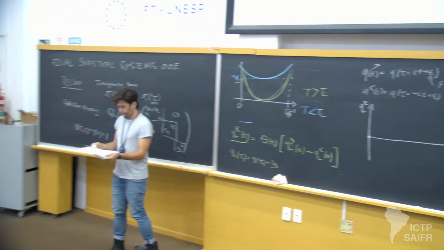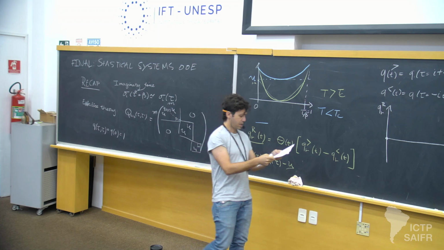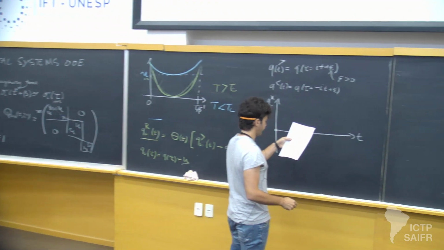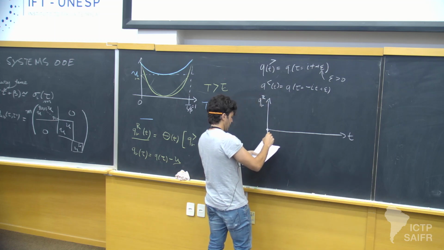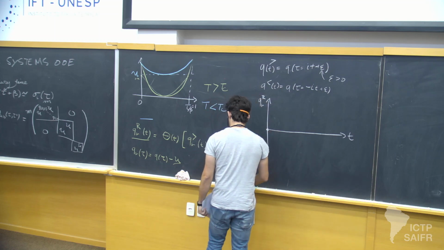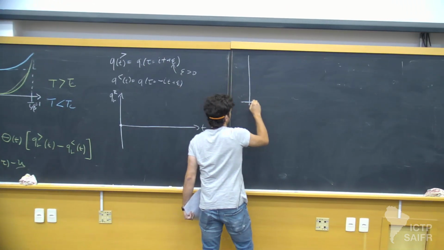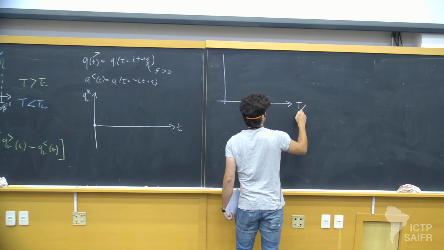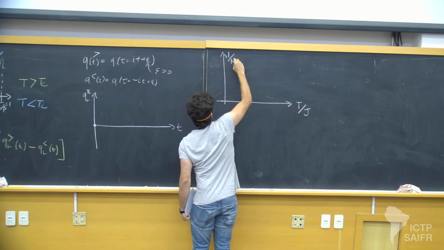So if we plot these functions, I want to show you the phase diagram again. So this is T over J. This is 1 over mJ.